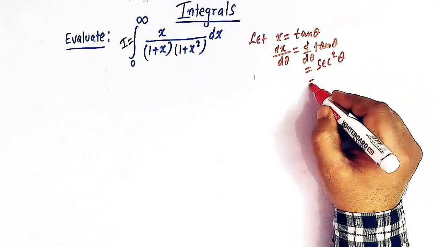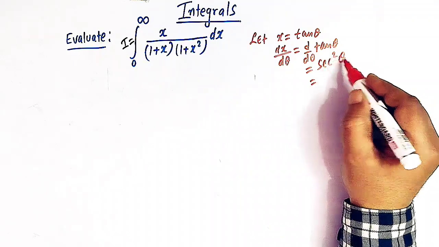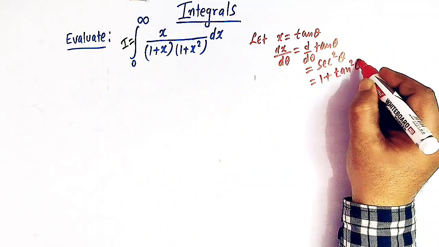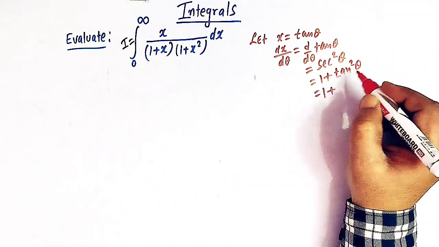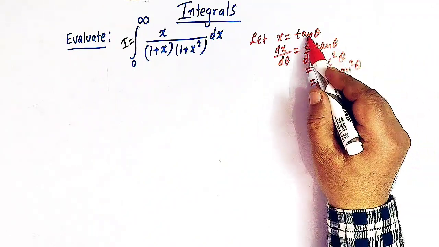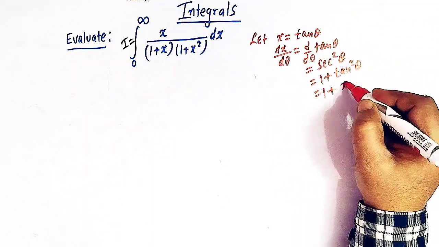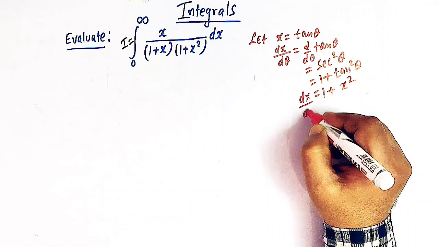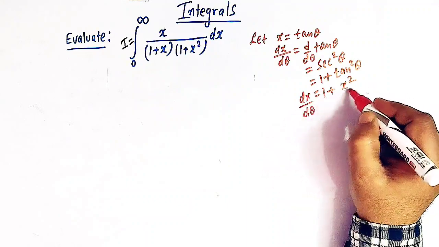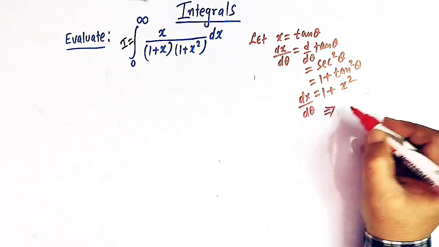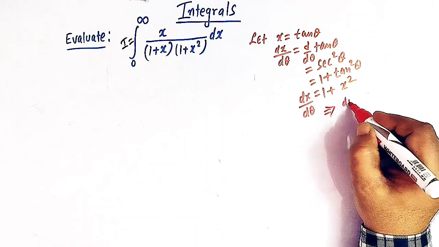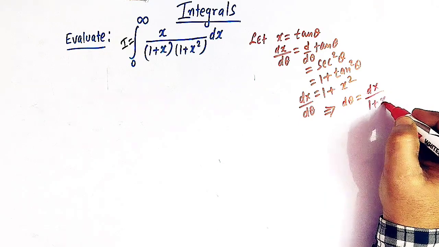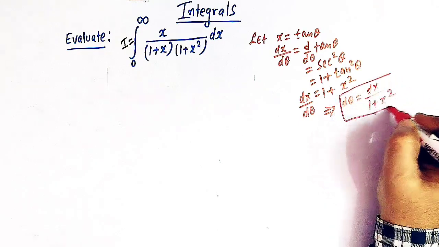From trigonometry we know that secant square theta is equal to 1 plus tan square theta. Tan theta may be replaced by x, so we have 1 plus x square. So dx over d theta is equal to 1 plus x square, which implies that d theta can be written as dx over 1 plus x square.